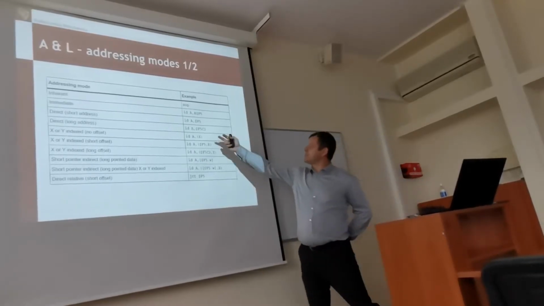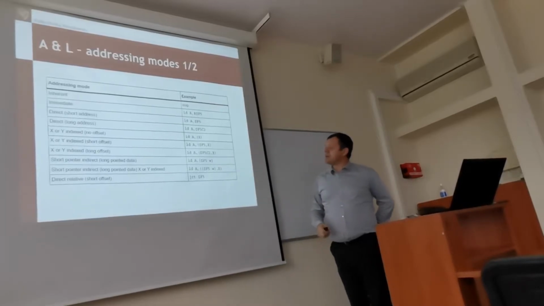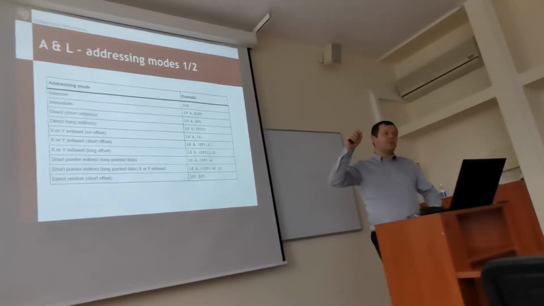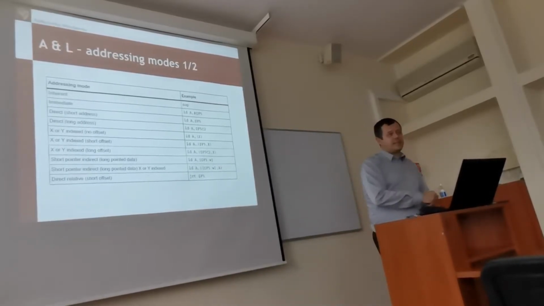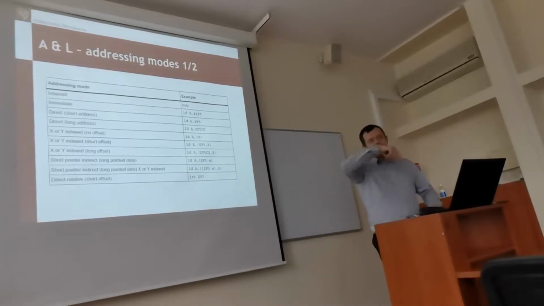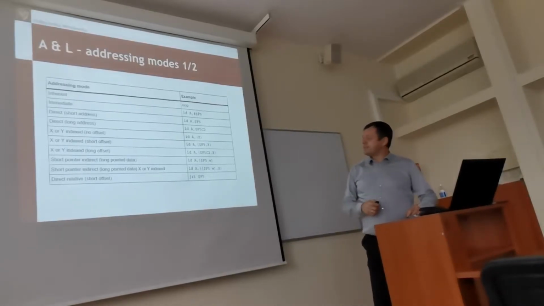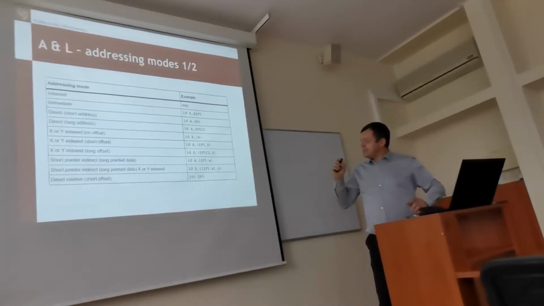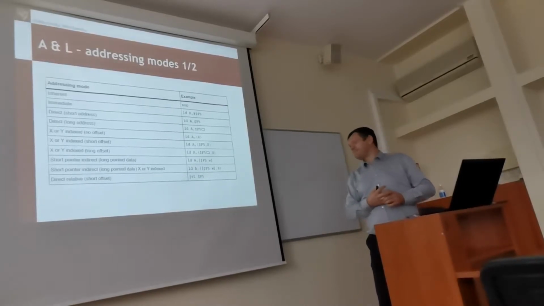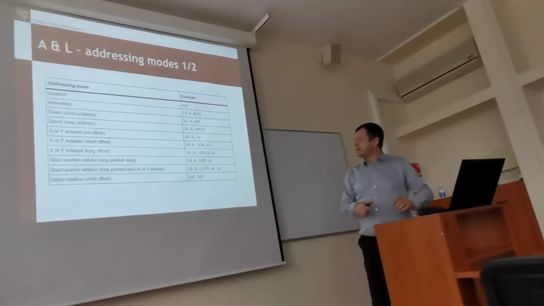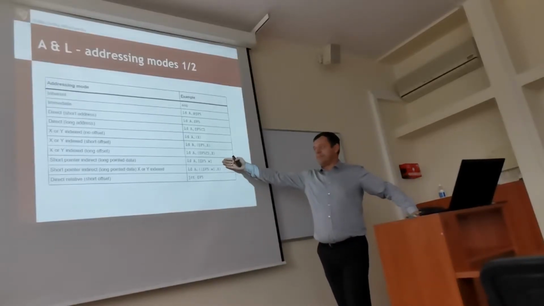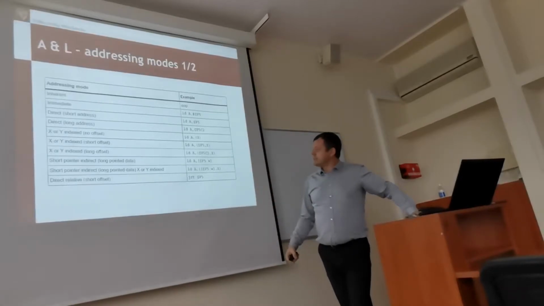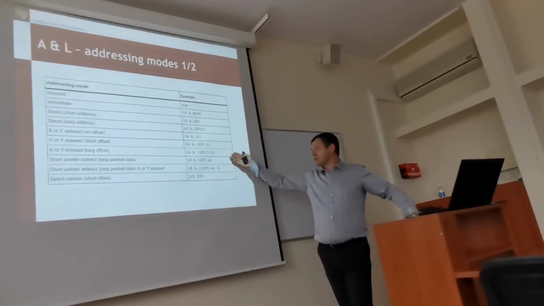So instead of using X register, we can have a place in the memory where is a pointer to the data. So it's even a step further. Yeah, these modes. Okay, sometimes we can have some use of it. They are definitely not available in simple microprocessors and microcontrollers.